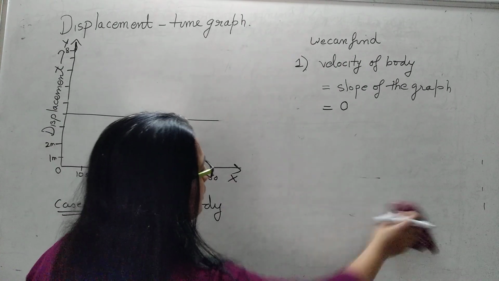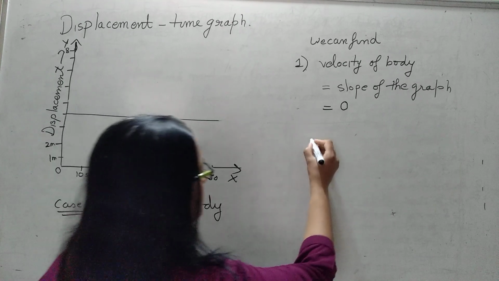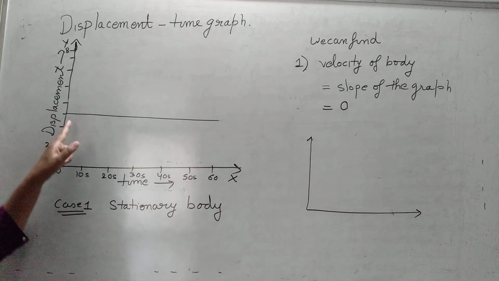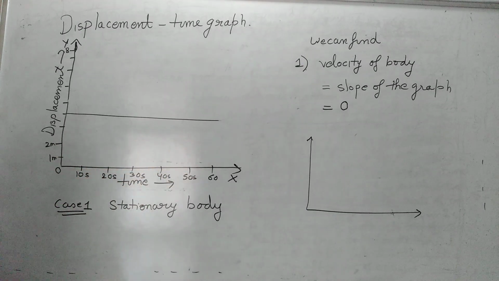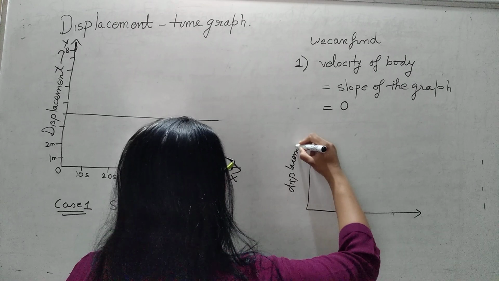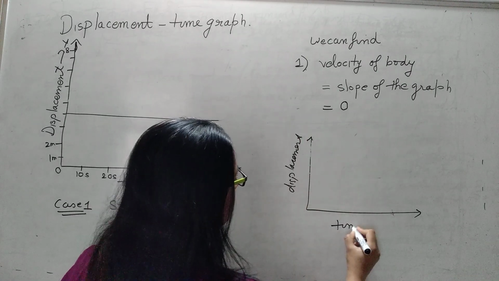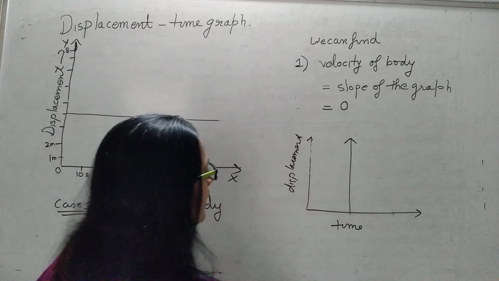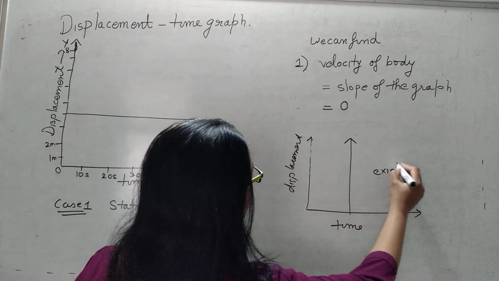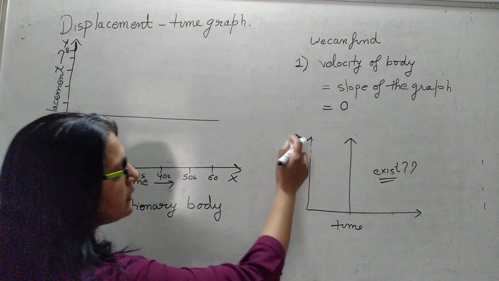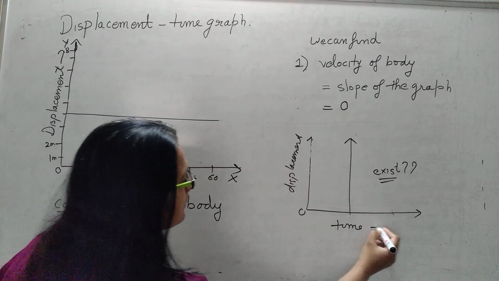Now the question comes that just as I have made a line which is parallel to the time axis, can I make a line which is parallel to the displacement axis? Can I make like this? Does this type of graph exist? A line which is parallel to displacement.